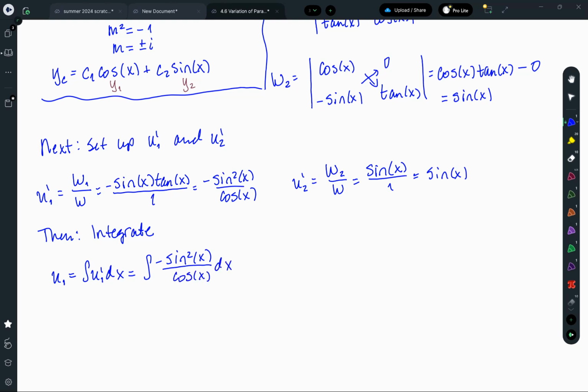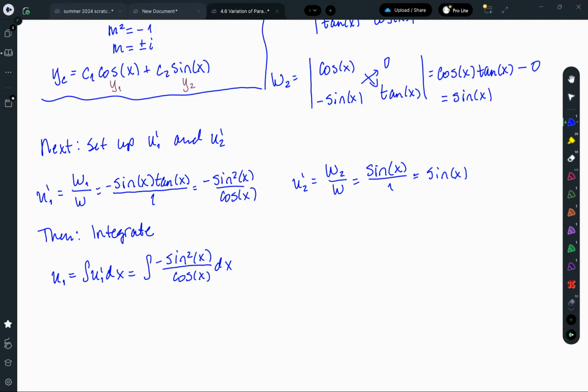And I'm trying to figure out what method I can use to integrate this. Now, the first thing that I can see is that maybe a u-sub would work. When I have a fraction, u needs to be the denominator, and then du would be on the top. But if u is cosine, du would be minus sine. And I have an extra sine in there, so that doesn't work out very well.